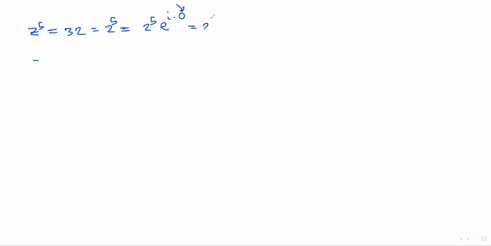Then you have to write 2 to the power 5 times e to the power i, 0 plus 2 pi k. Now, writing 0 is redundant, right? So let's just discard the 0 to write i times 2 pi k, so that our situation gets simpler here.